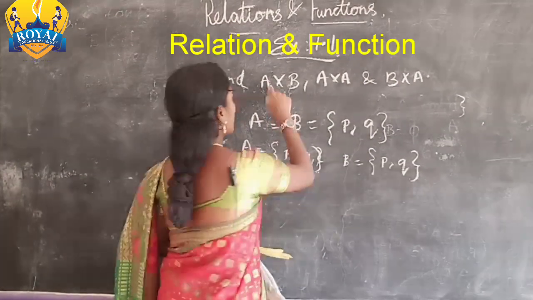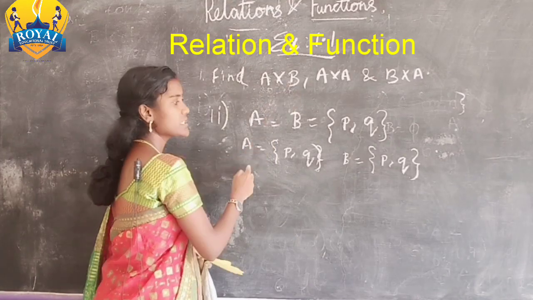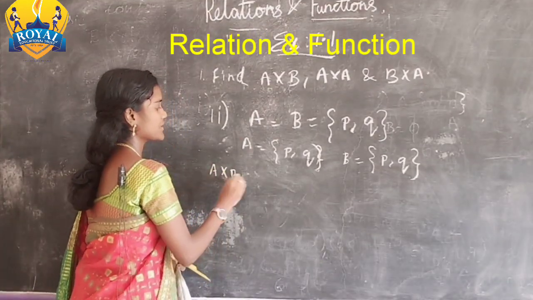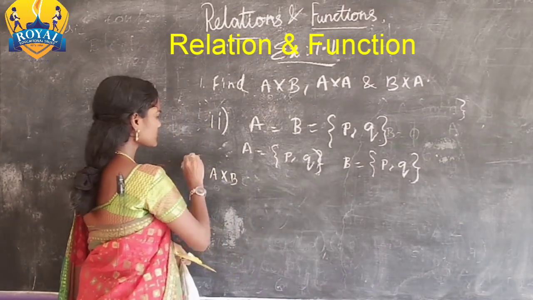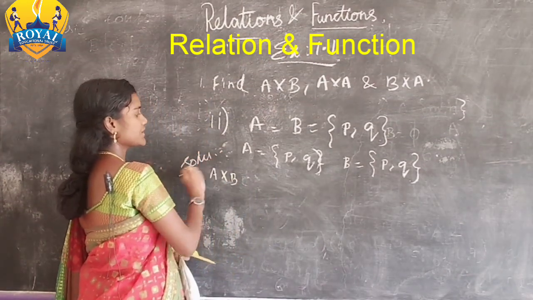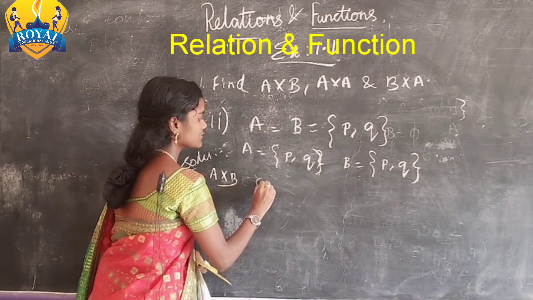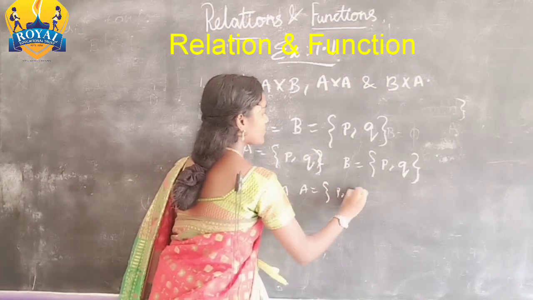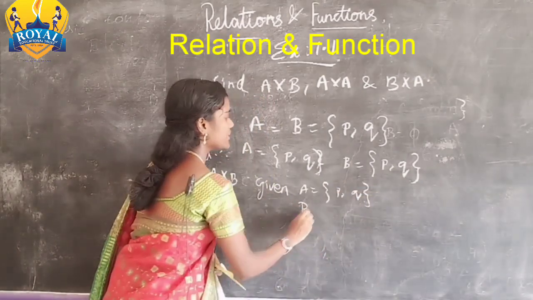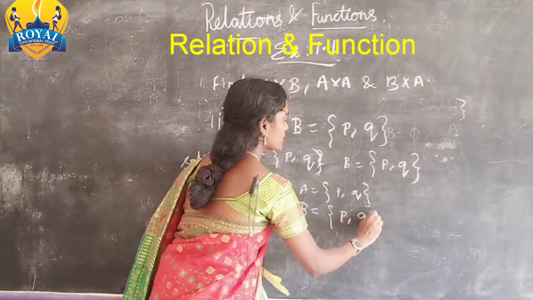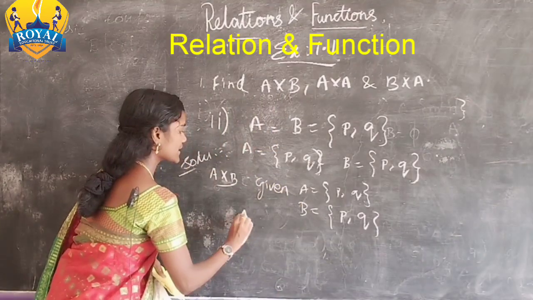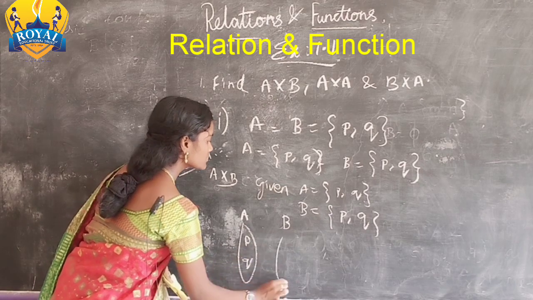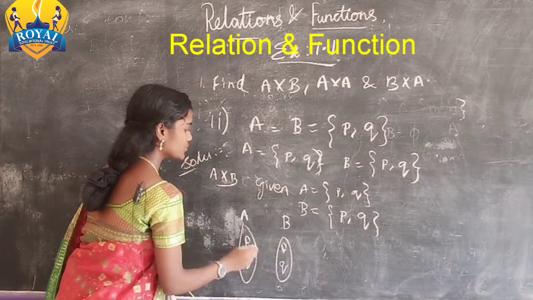Now I am going to do this for you. For A cross B, first you write the solution. Given A is equal to {P, Q} and B is equal to {P, Q}.